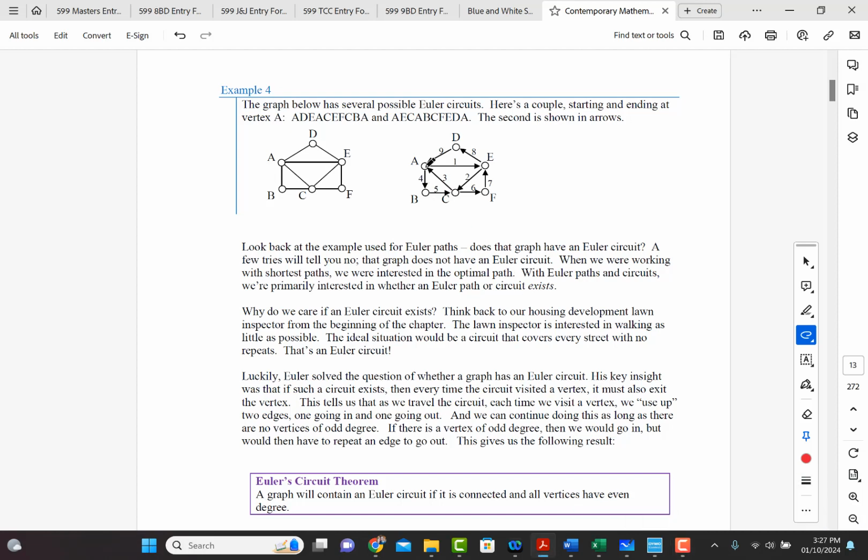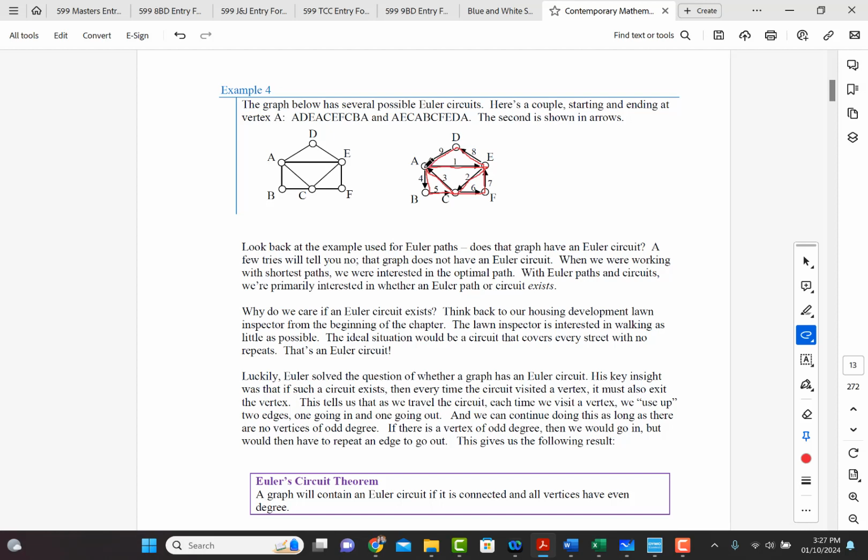They started with A, and you can go from A to E, and then to C, and then back to A, and then down to B, then across to C, and then F, and then E, D, and then back to A where we started. So that would be one circuit.